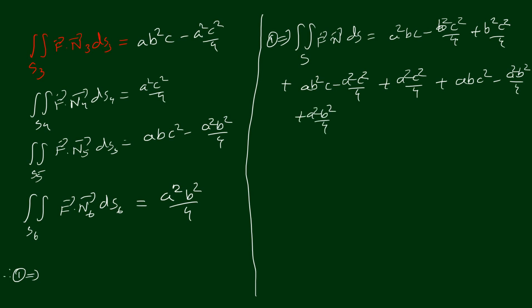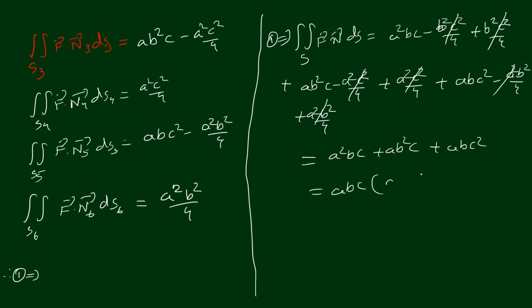So here you can see minus b square c square by 4 plus b square c square by 4, and these will cancel. What remains? A square bc plus ab square c plus abc square. In all the terms abc is common, so you can take it outside.